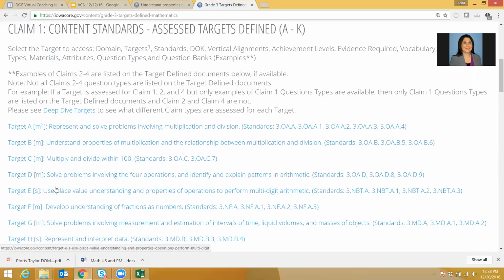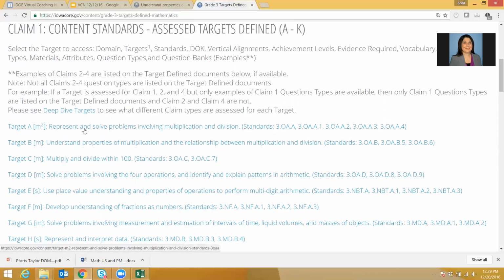So if in your districts you've used the Achieve the Core and you've done work around the major and the supporting standards, then that's what these M's and S's are. Smarter Balanced also uses P's for priority, and major clusters and priority clusters are the same. And the supportings are just the supporting.